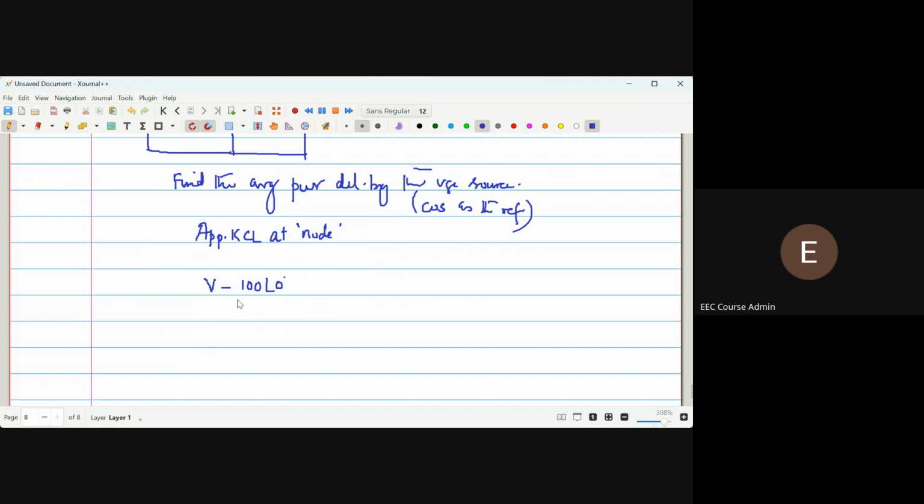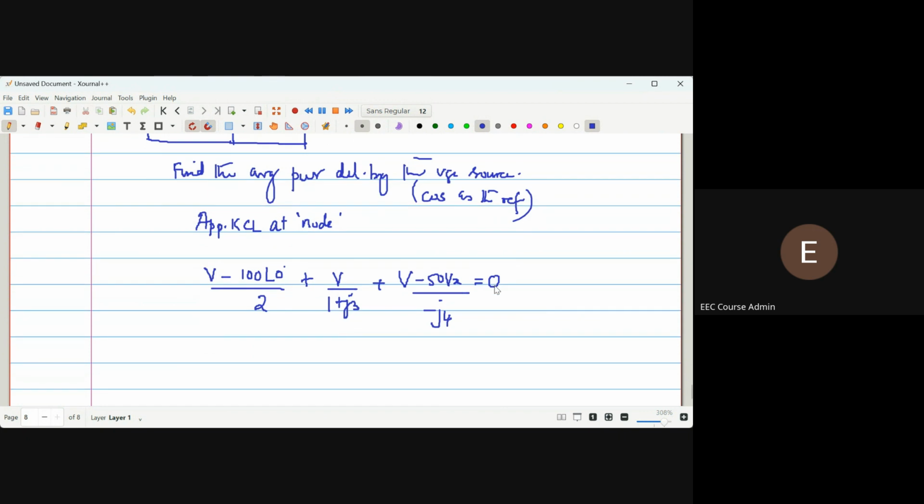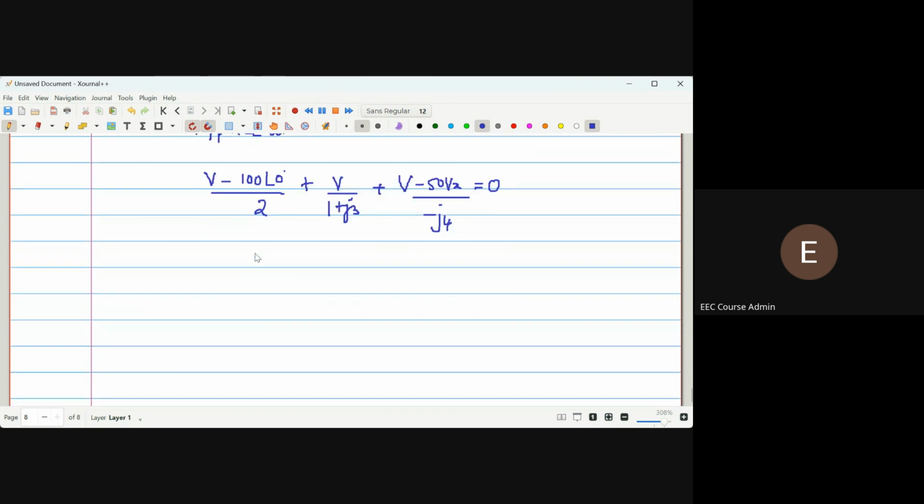So V minus 100 angle 0 by 2 plus V by 1 plus J3 plus V minus 50 Vx by minus J4 equal to 0. So this Vx will be 1 ohm into Ix. So Ix is V by 1 plus J3.